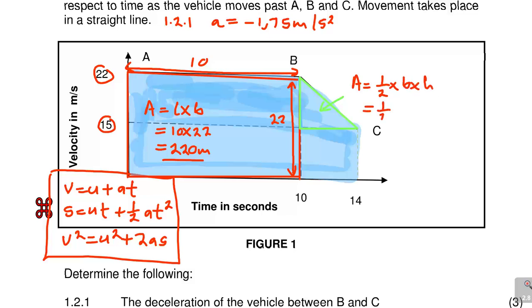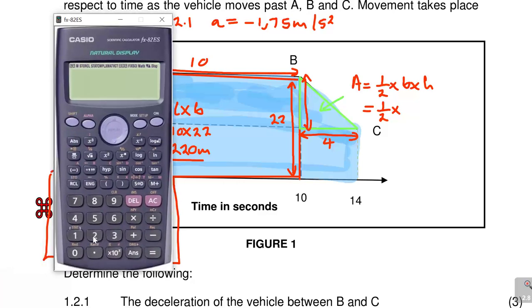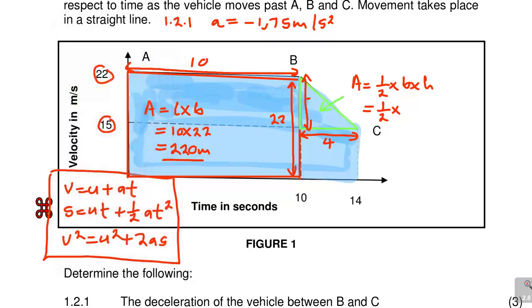The base is this distance here, and that distance is 14 minus 10, which is 4, and the height is that distance from here to there. The height in this case is 22 minus 15, which gives me 7. So this distance is 7. So it's half times base, 4 times 7, and if you work on that, half of 4 is 2, and then you get 14 meters.